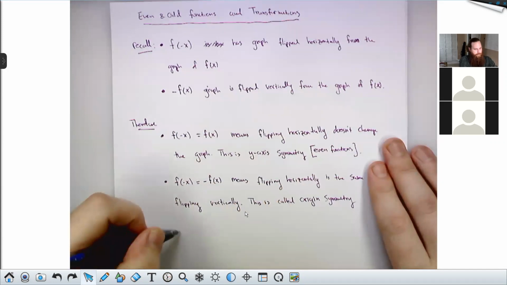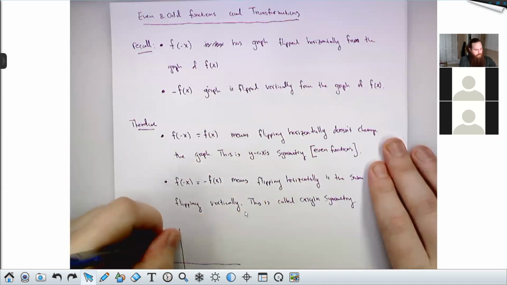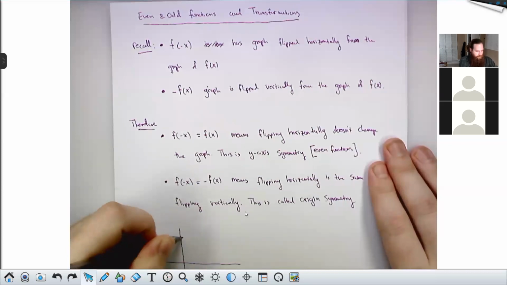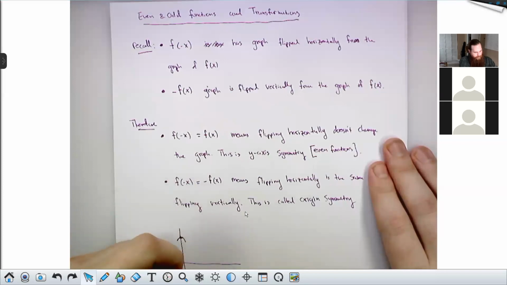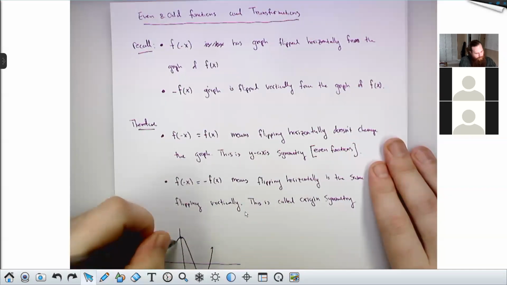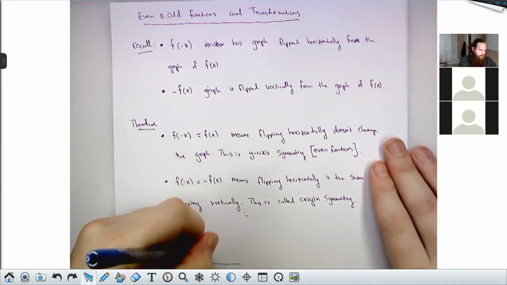So here, let me draw an example of an even function. Right, this guy would be even.